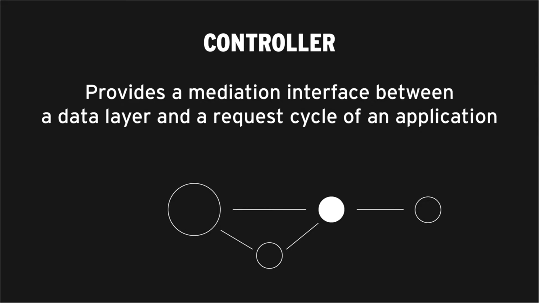This is handled in MVC applications, but it's also extensively used in the core of ExpressionEngine. And this essentially provides a mediation layer between the request cycle, gathering the data, and then providing the response. So the controller is kind of the mediator between all these other layers.